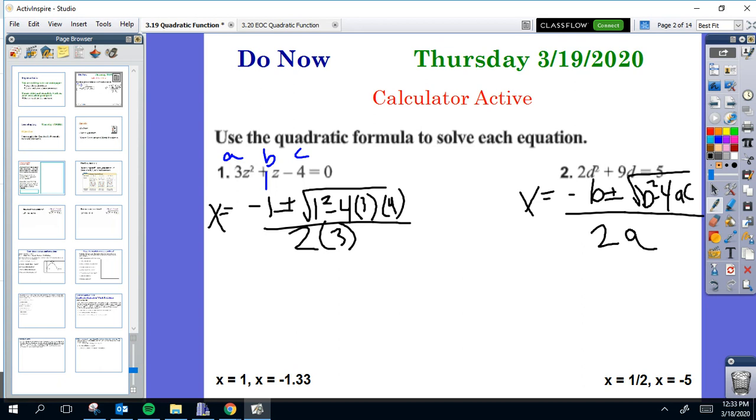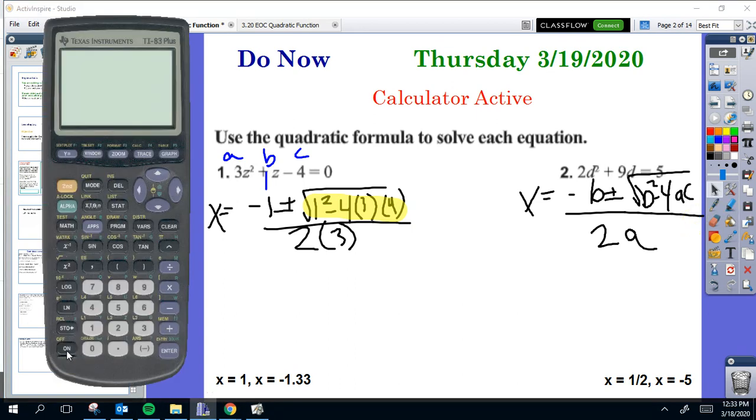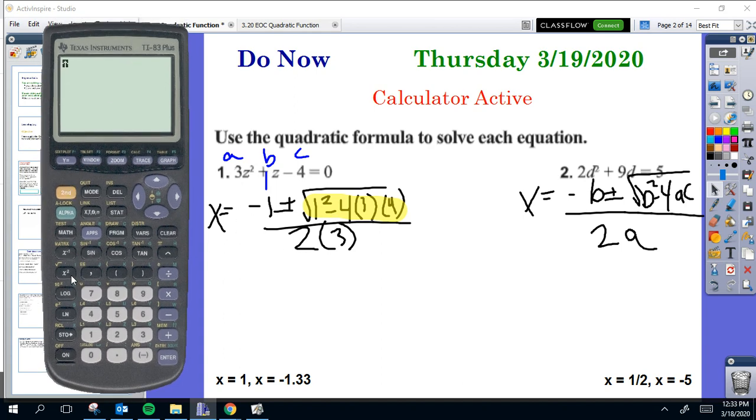All right, and when I do that, I like to tackle the square root first. So right here is what I'm going to do in my calculator. You guys, like I said, can use your Google applications or Desmos or whatever if you don't have a calculator at home. Square root of 1 squared minus 4, this minus is important, times 3 times 4 equals, and see, I probably did something wrong here.